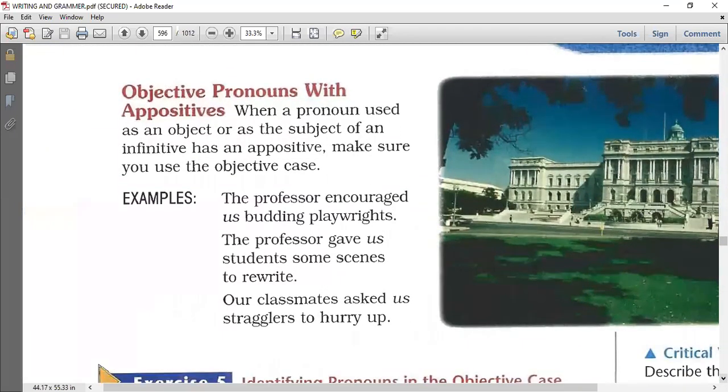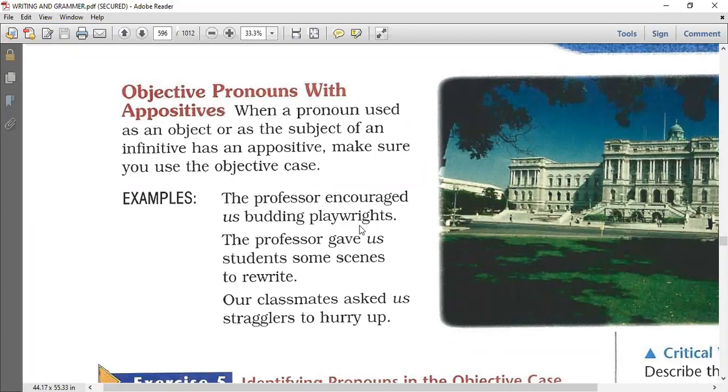Objective pronouns with appositives. When a pronoun used as an object or as the subject of an infinitive has an appositive, make sure you use the objective case. The professor encouraged us budding playwrights. The professor encouraged us. Who are us budding playwrights? Beginner playwrights.